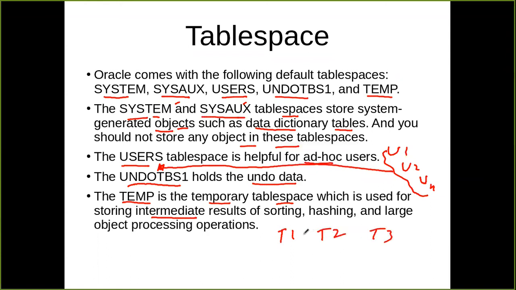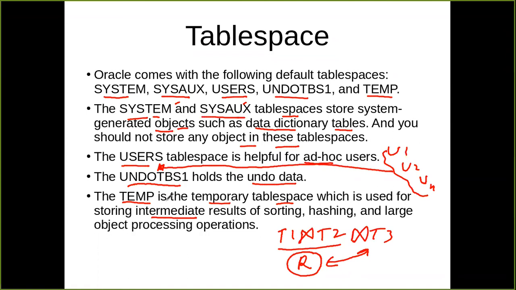Because operations are binary in nature, I have to join T1 and T2, store their result temporarily at some location, and then join that result with table T3. So I need some storage area that will hold the temporary results. These are called intermediate results.